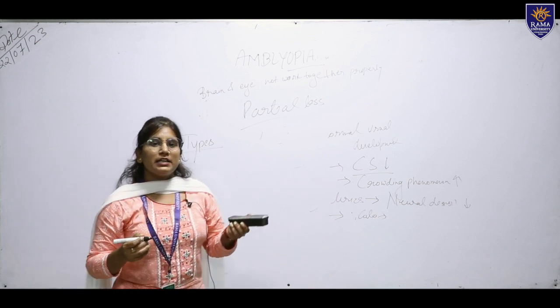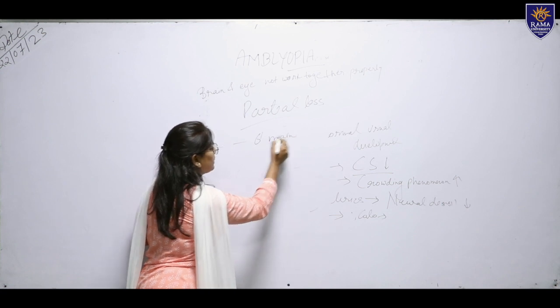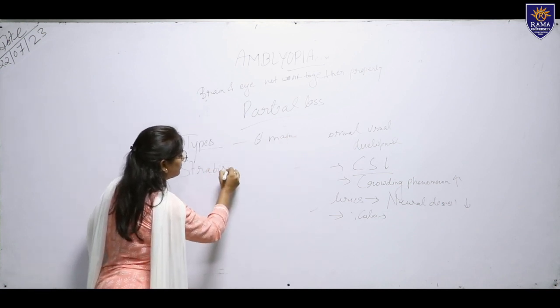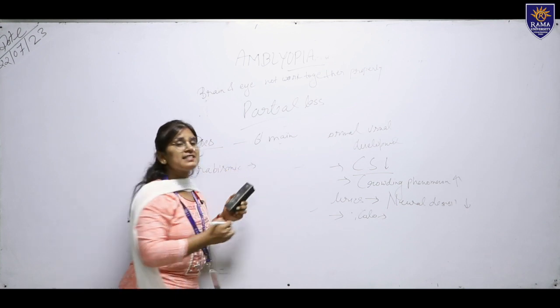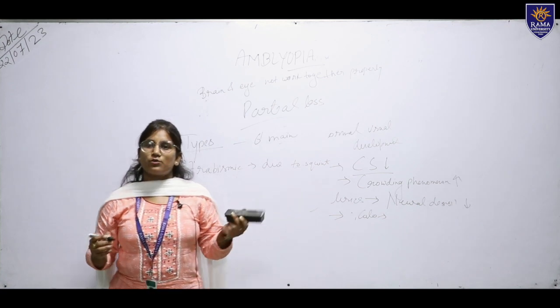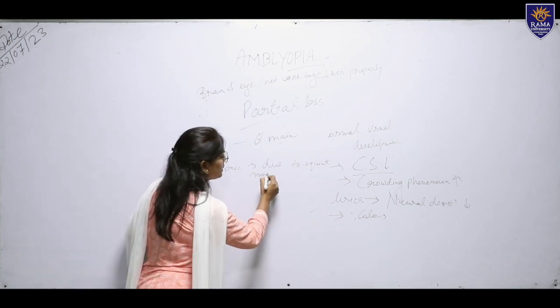Basically amblyopia has six main types. First one is strabismic amblyopia. As the name indicates, it is due to squint or strabismus.